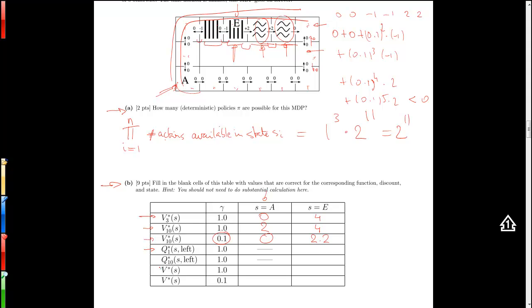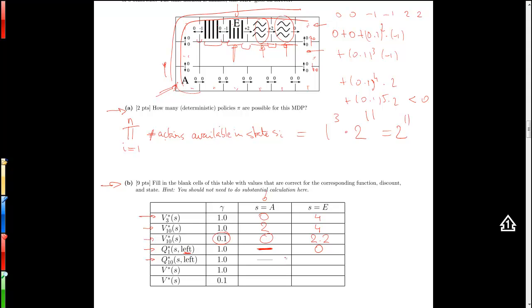For one time step left, in A, up here, either way we would get 0. Actually, this case is not available, so no worries. In E, moving left gives us a reward of 0, and with only one time step total, that's all we're going to get: 0.